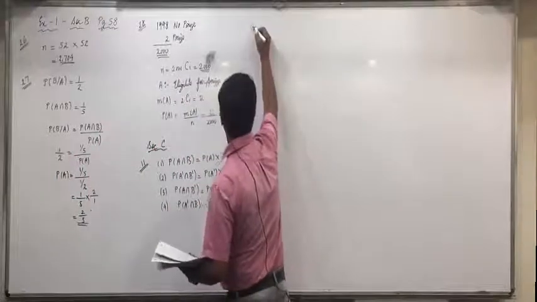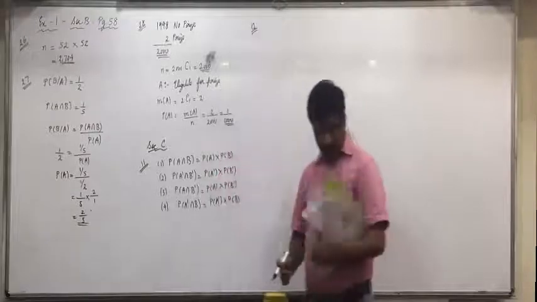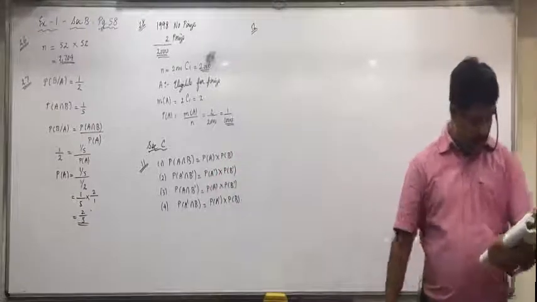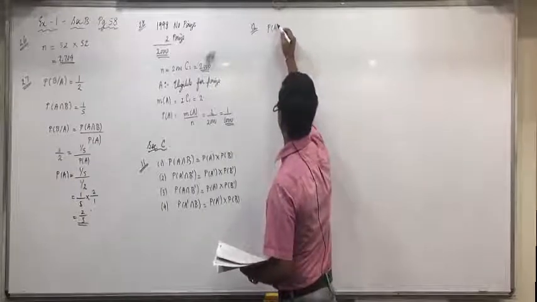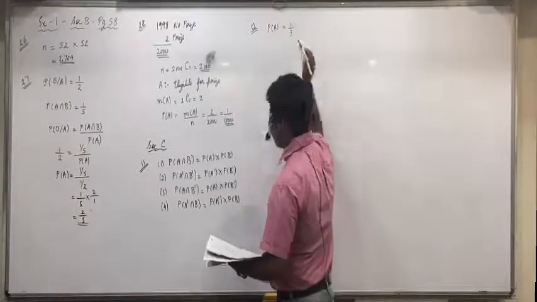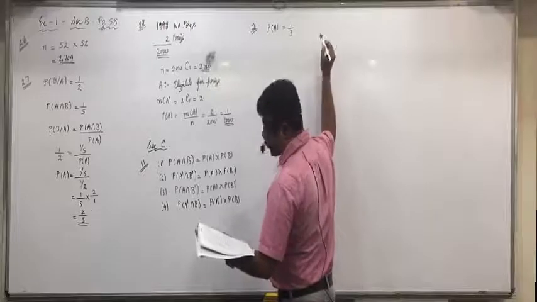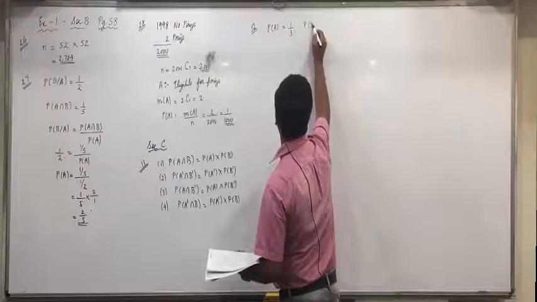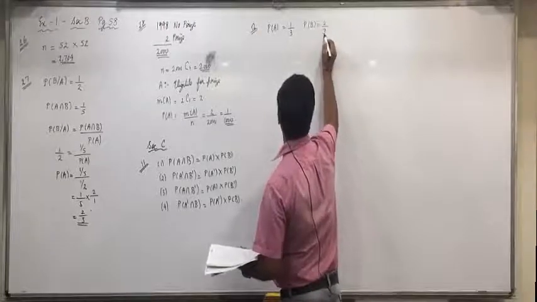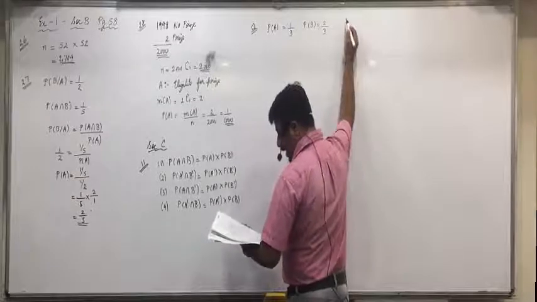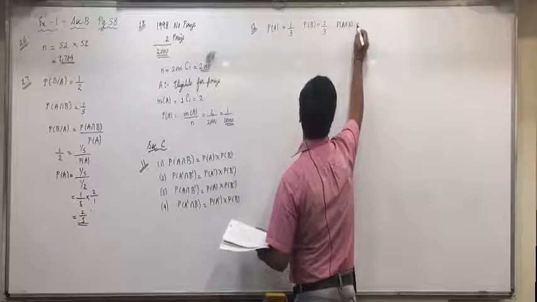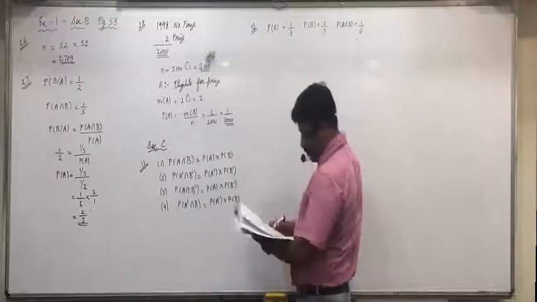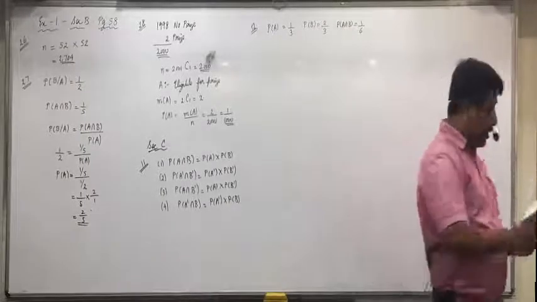Then 12th question. If P(A) equals 1 by 3, P(B) equals 2 by 3, P(A ∩ B) equals 1 by 6, then raise your hand.